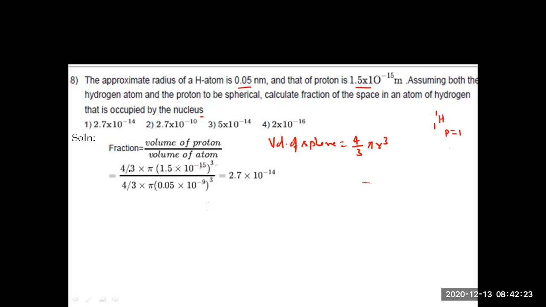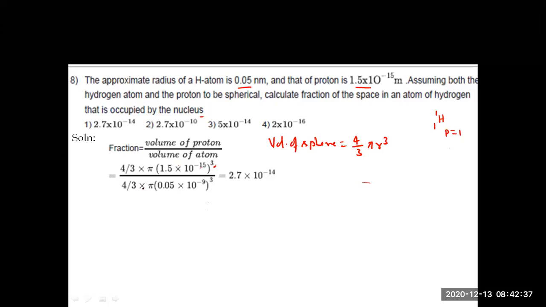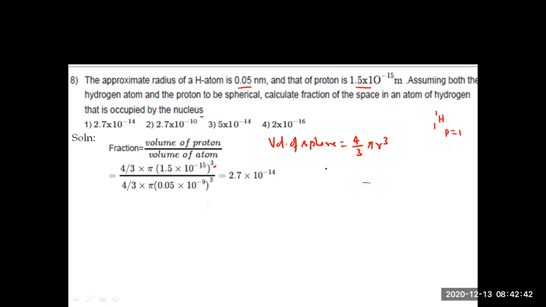Let's substitute here. Volume of proton 4 by 3 pi r cube, r is 1.5 into 10 raised to minus 15 meter, whole cube you have to do. Divided by volume of atom 4 by 3 pi, 0.05 nanometer. Nano is nothing but 10 raised to minus 9 meter. So 4 by 3 pi, 0.05 into 10 raised to minus 9 meter whole cube.